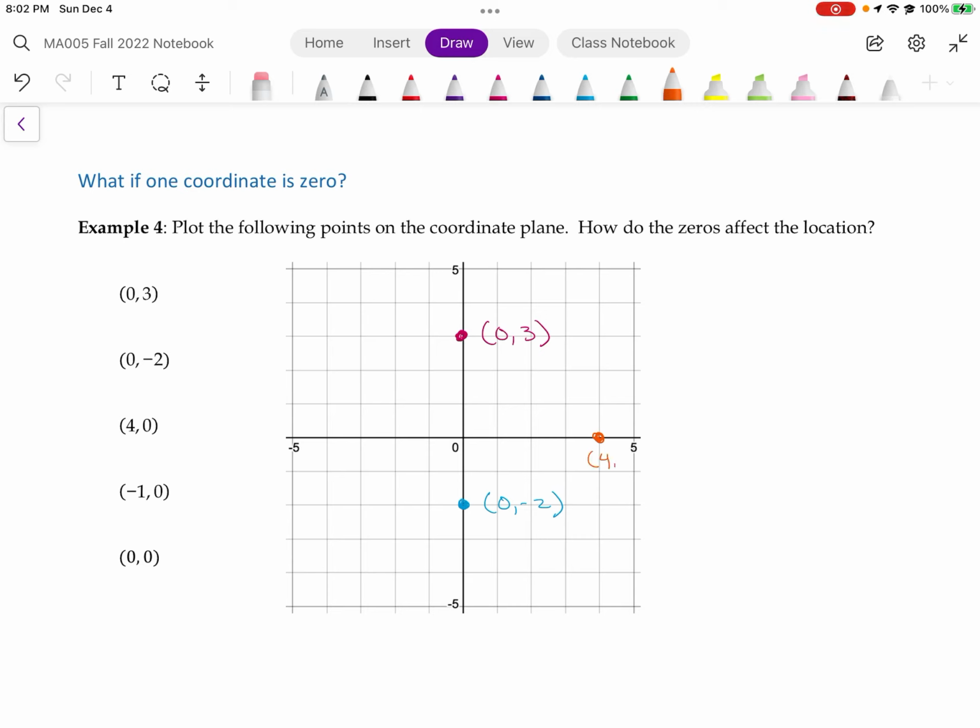So that is 4, 0. -1, 0 would be -1 to the left, and then don't go up or down. 0 is the y value. It means you just don't move up or down. So that is -1, 0. And where is 0, 0? 0, 0 is the origin. So this is called the origin. So that is 0, 0.